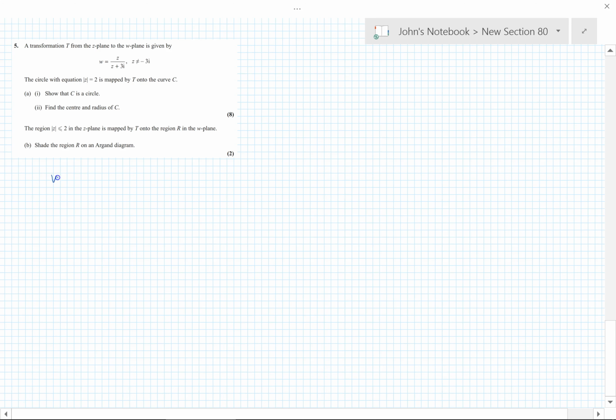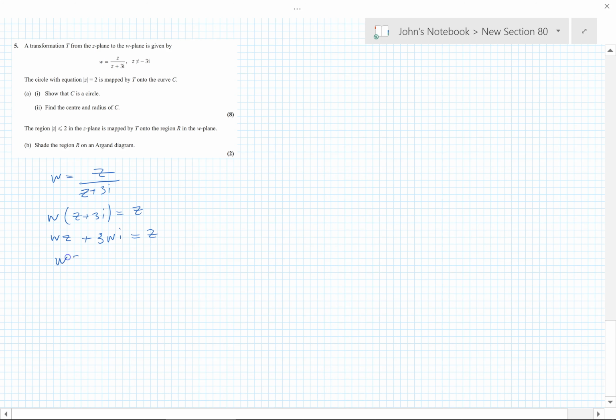You've got w is equal to z over z plus 3i. So w bracket z plus 3i is equal to z. So wz plus 3wi equals z.